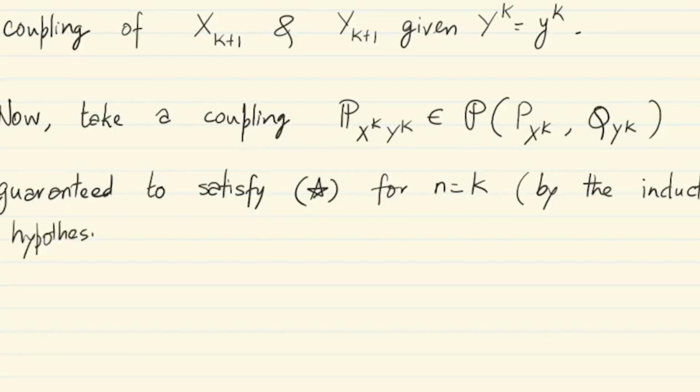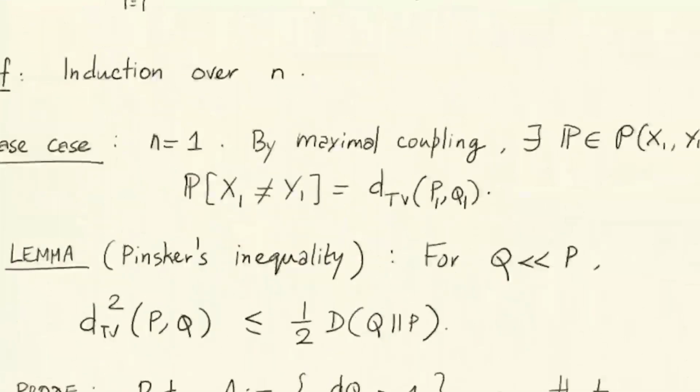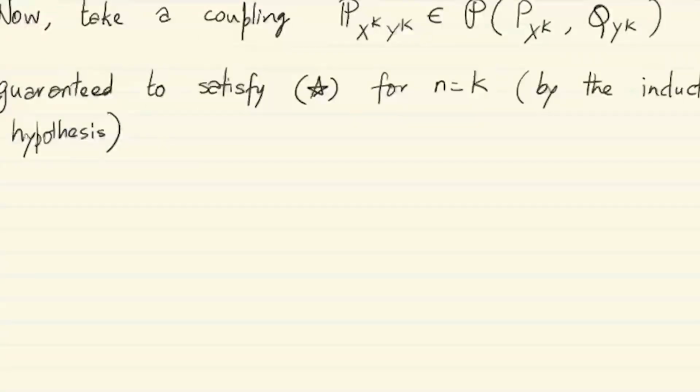So, grab hold of any coupling between xk and yk that satisfies the inequality star, and we will now use this conditional extra coupling to extend the original coupling P_xk,yk, and extend it to a coupling.